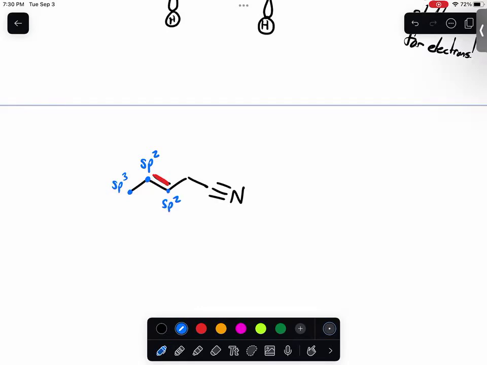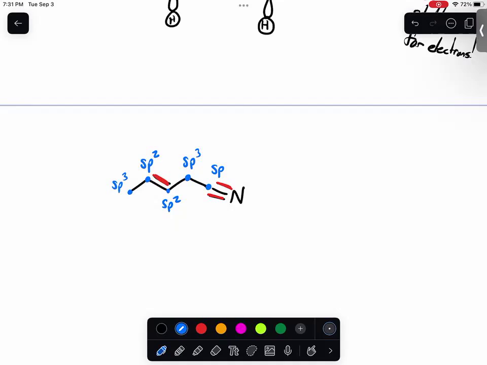This carbon over here has all single sigma bonds, so that means it must be sp3. Then we have this carbon right in here. So for this one, we see that it has the sigma bond to the nitrogen, but it also has these two pi bonds. And so those pi bonds each take a p orbital. So that means we need to leave two p orbitals unmixed, which means we're looking at an sp hybridized carbon.